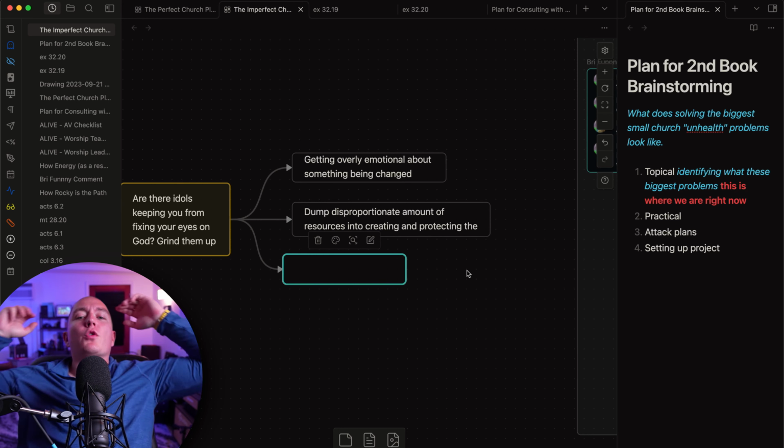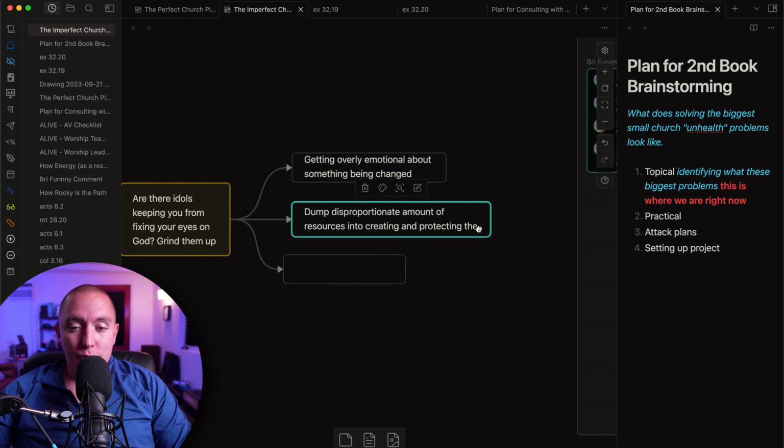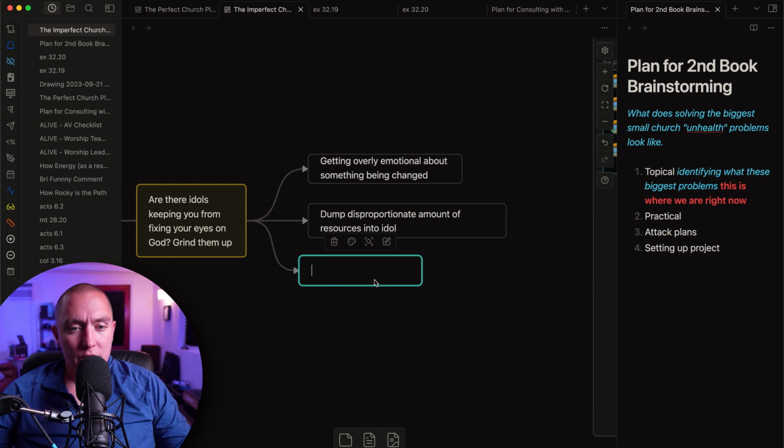So you dump a disproportionate amount of resources into the idol. We'll just say it that way, idol. Okay. And then finally, let's think of one more portrait descriptor of this.